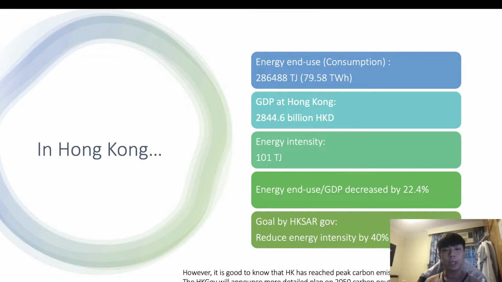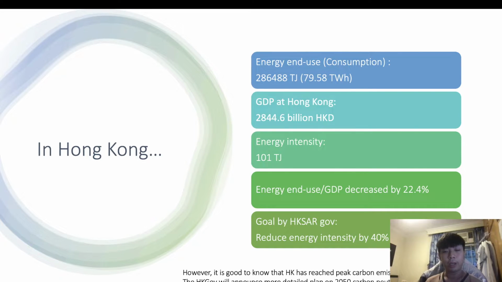Energy intensity is basically end use consumption against the GDP. The government's goal is to reduce the energy intensity by 40%, and until now, they have decreased it by 22.4%.